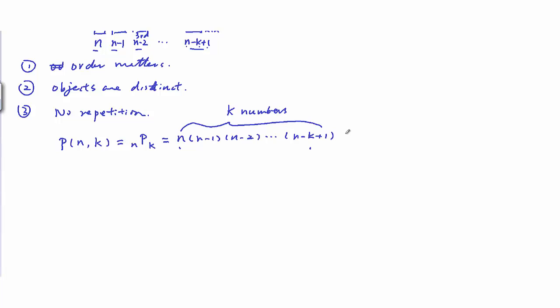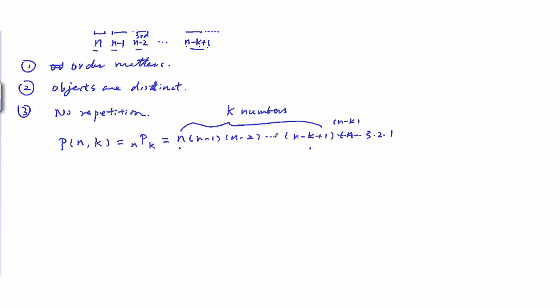And if you want to use the factorial notation, then you know from the next one, it will continue here, down to 3, 2, 1, okay? So before n minus k plus 1, you will get n minus k.